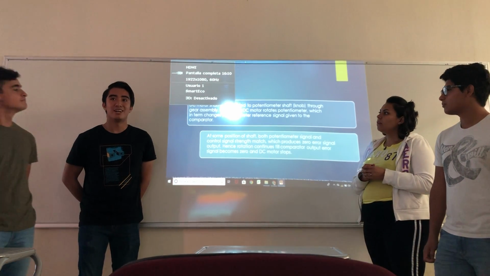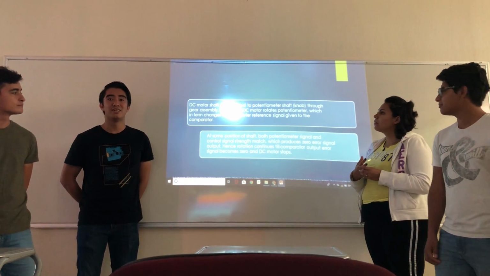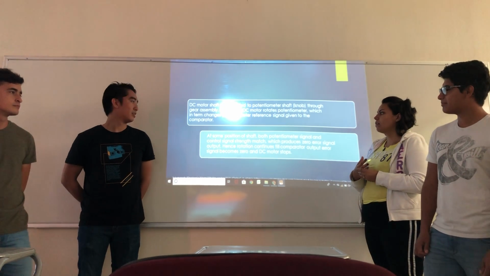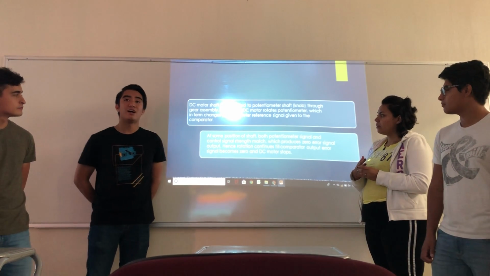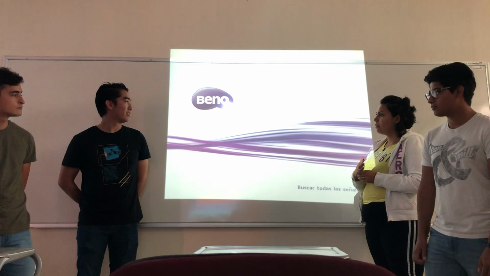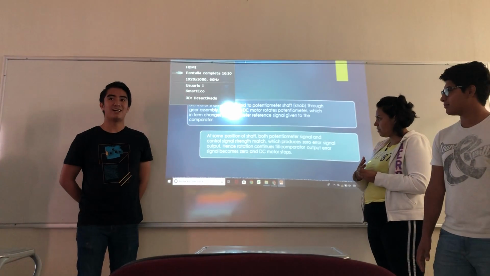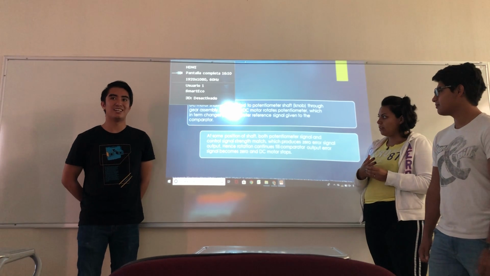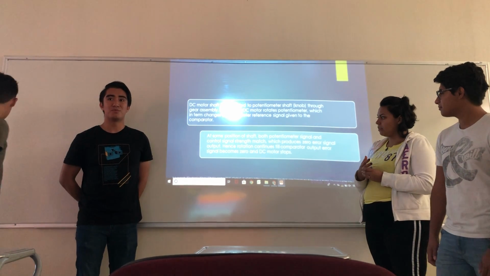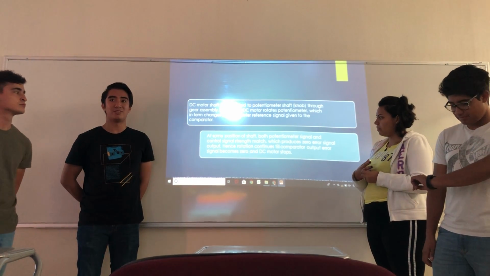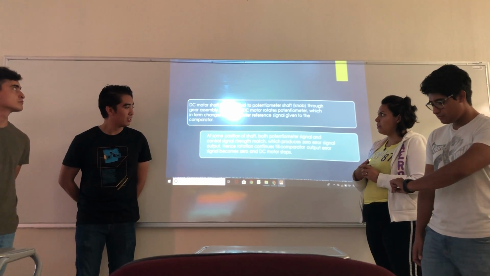So a rotary DC motor rotates. And the last one is at the same position of the shaft. Both the potentiometer signal and control signal match, which produces a zero error signal output.